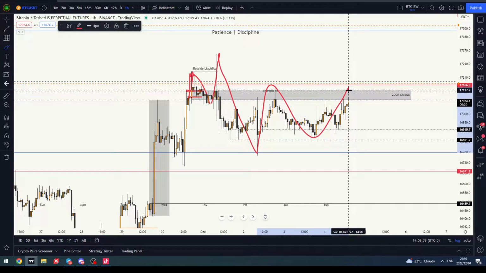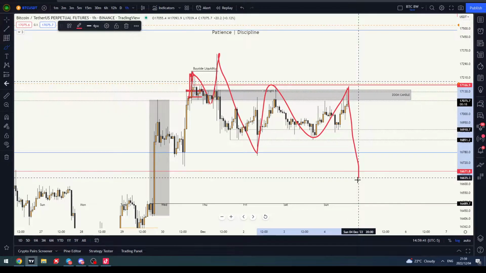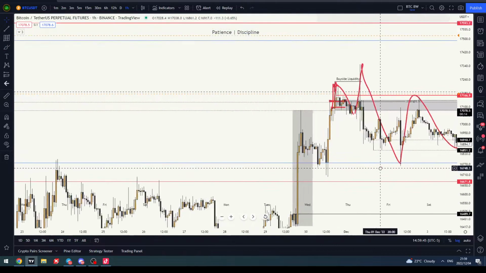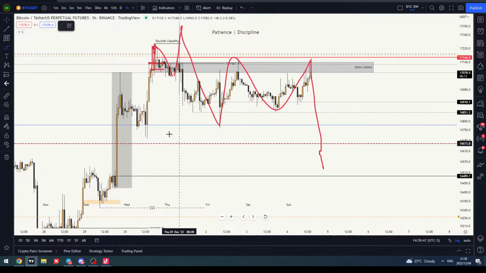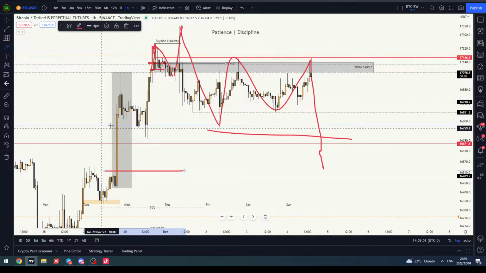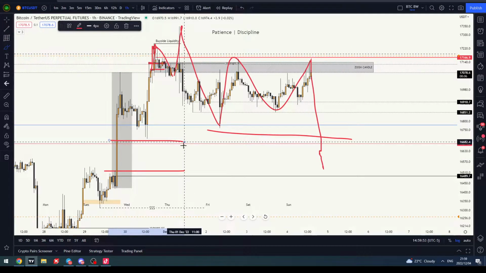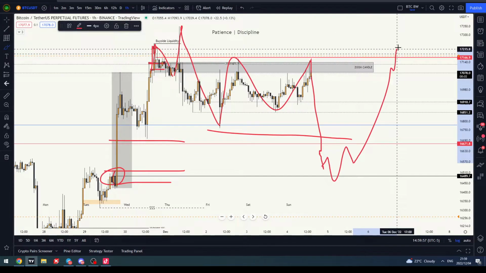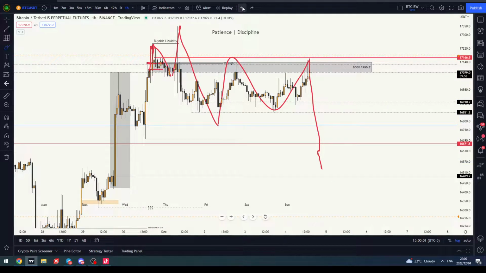So my expectation is I want to see price run down into here, run stops internally here, fill in a fair value gap or the remainder of the fair value gap, come into this order block here, and then we'd look for a reversal pattern to carry on higher to our target. So that's what I do expect.